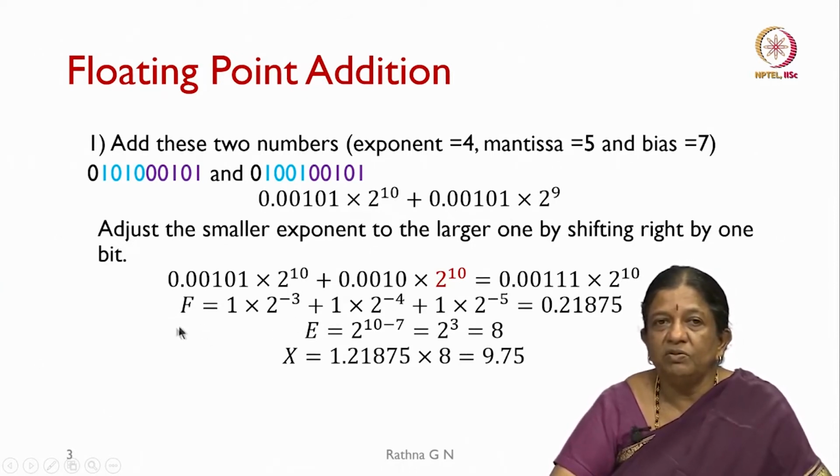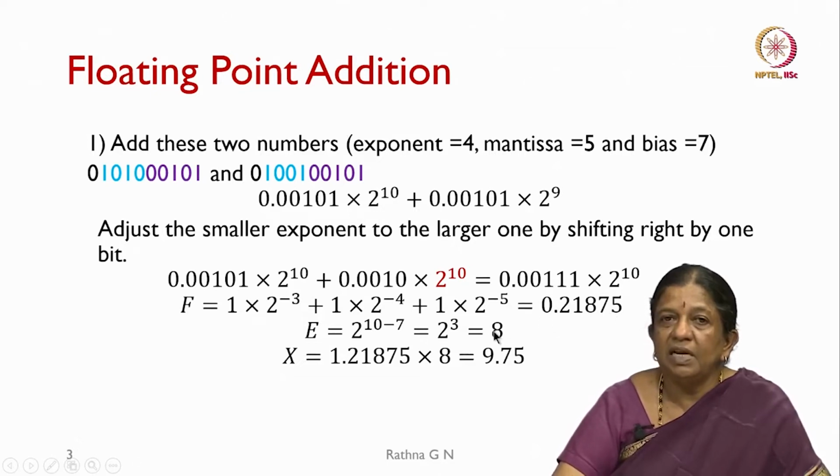Coming to the fraction part, it is 1 into 2 power minus 3, and 1 into 2 power minus 4 and 1 into 2 power minus 5, which is going to give me the value 0.21875. As we discussed in the last class, we will be doing 1 plus f, so 1 plus f is equal to 1.21875.